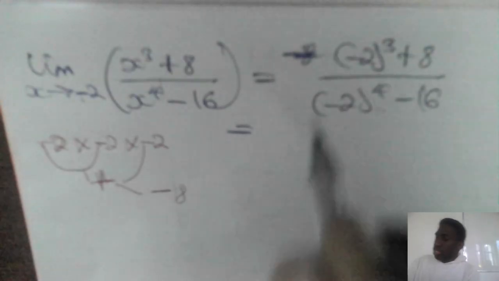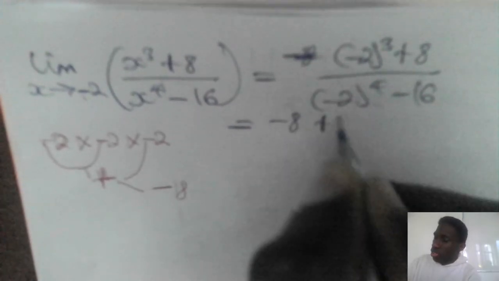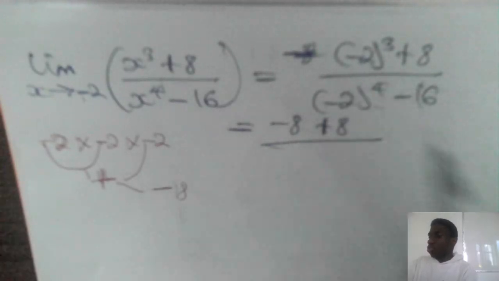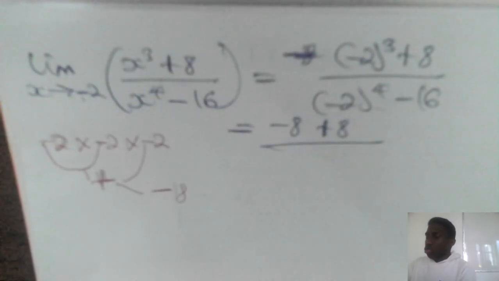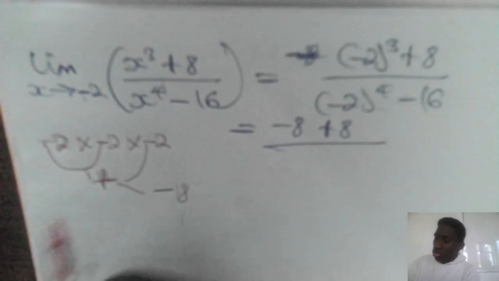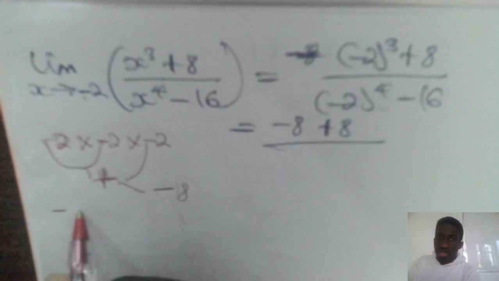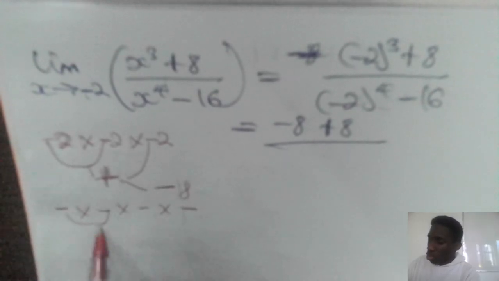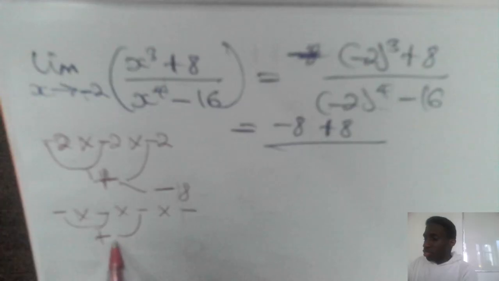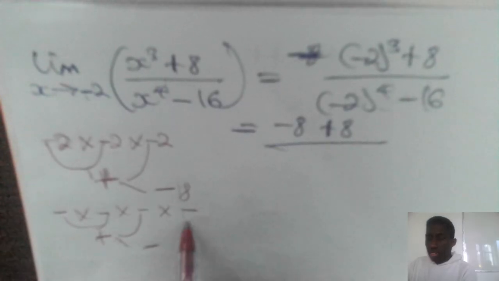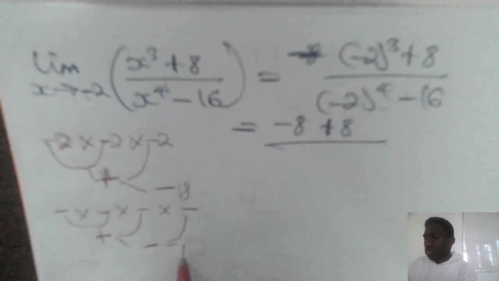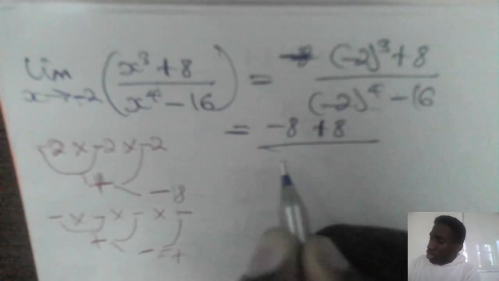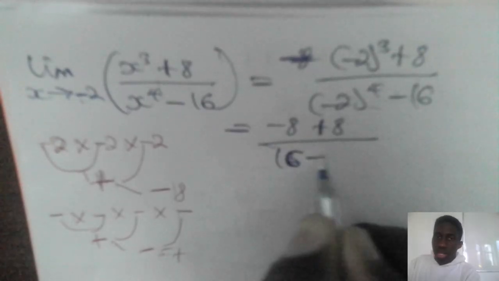So minus 8 plus 8, divided by minus 2 to the power 4. That would be plus 16, because with 4 minuses, minus times minus is plus, times minus is minus, then times minus again is plus. So that's 16, minus 16.